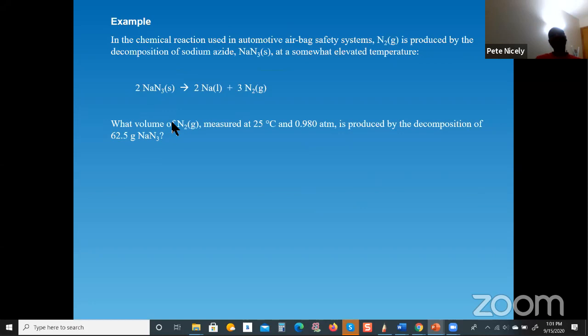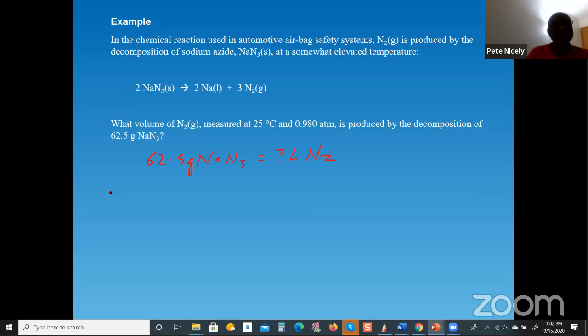And the question is asking, what volume of nitrogen measured at 25 degrees and 0.980 atmospheres is produced by the decomposition of 62.5 grams of sodium azide? Okay, so let me do this here. So basically the question comes down to this: 62.5 grams of NaN3, and the question is asking for the volume in liters of nitrogen produced, all right?